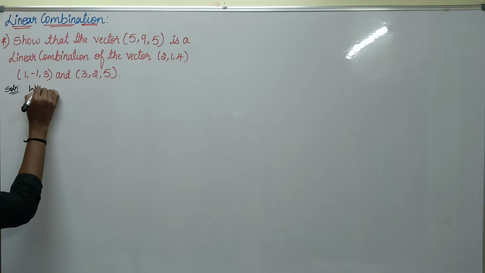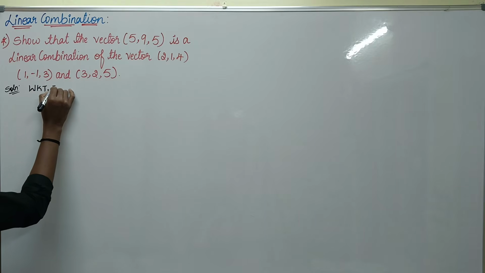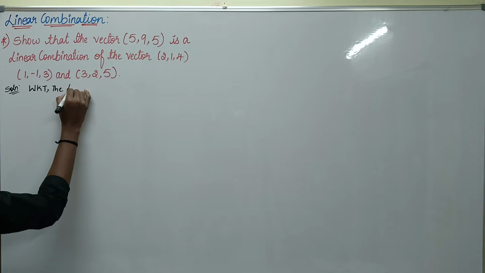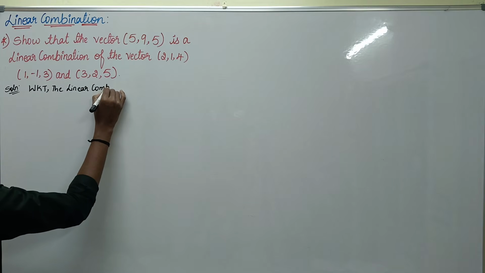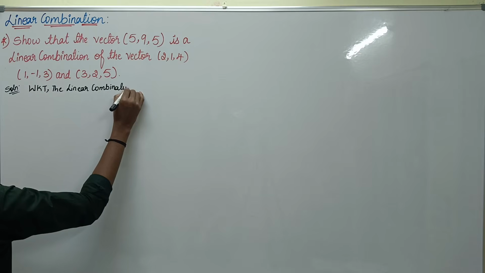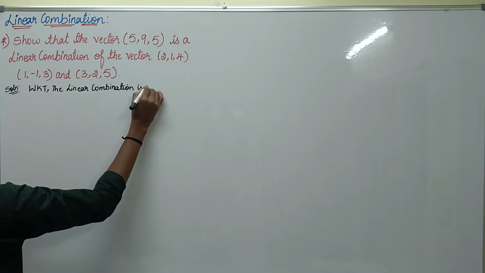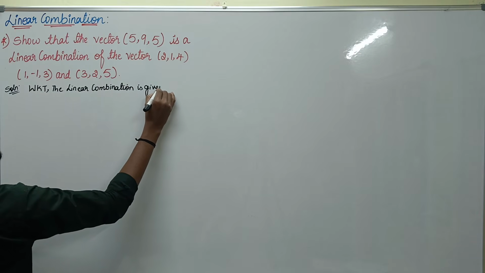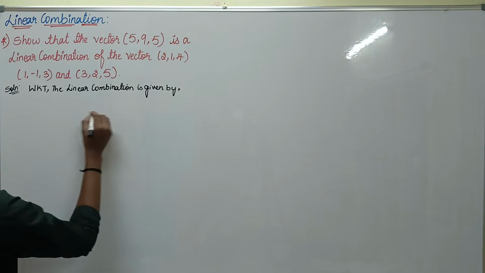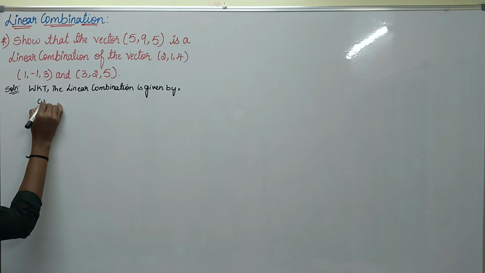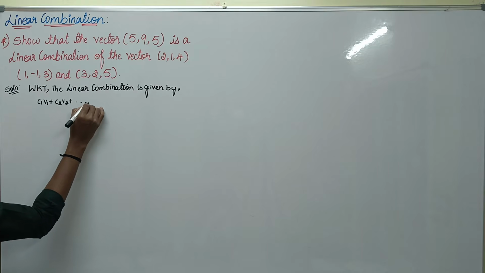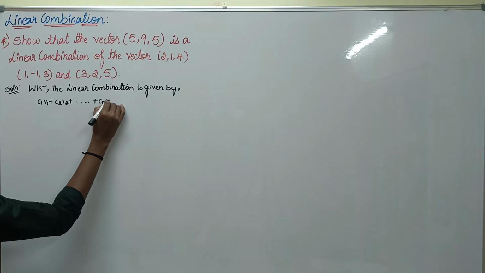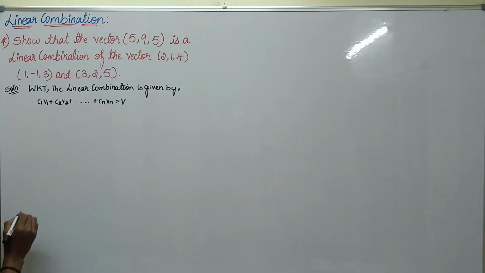We know that the linear combination is given by C1 V1, C2 V2, etc., up to Cn Vn, which is equal to V.